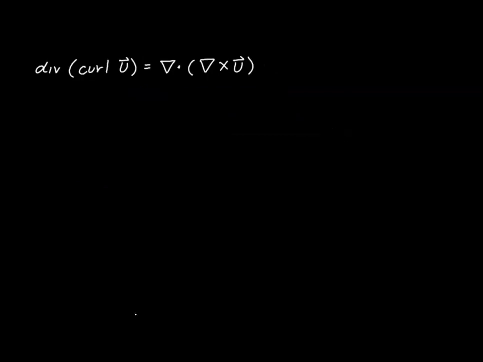Okay, let's try this one. What happens when we find the divergence of the curl? Well, let's go back and use the Voss-Weyl formula that we derived back in video 49. So here the divergence of our curl, of our v^i component, is going to be equal to 1 over the square root of z times the partial derivative with respect to z^i of the square root of z times v^i.